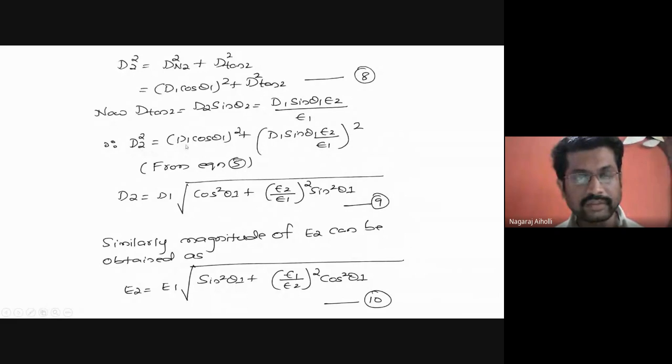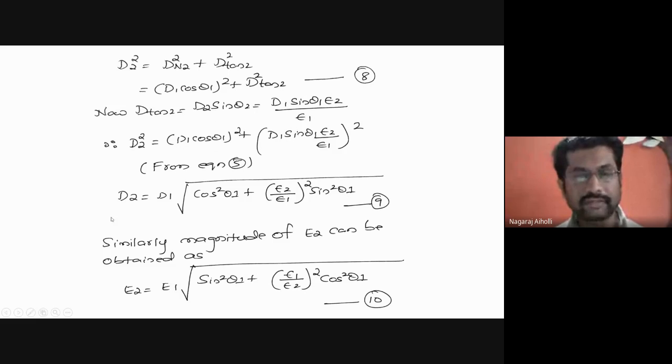D2 square will be equal to D1 square into bracket cos square theta 1 plus epsilon 2 by epsilon 1 square sin square theta 1. If I take the square root, D2 is equal to D1 under square root of cos square theta 1 plus epsilon 2 by epsilon 1 square into sin square theta 1.